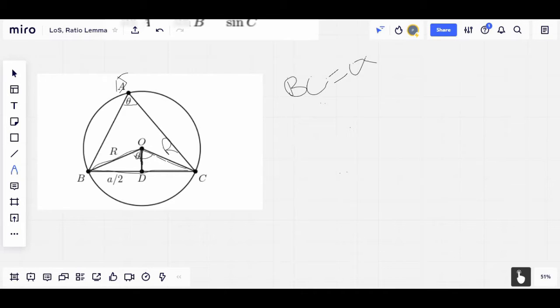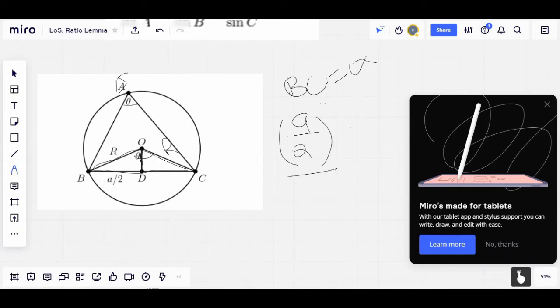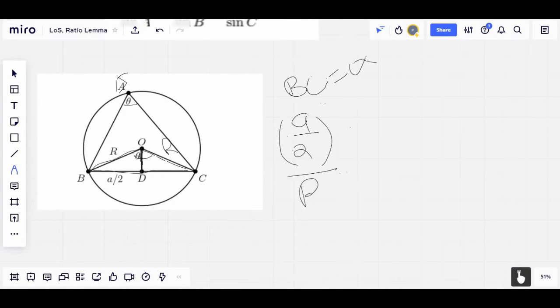Okay, moving forward, how can we represent a or a halves in terms of theta? Well, using basic trigonometry, we know that opposite over hypotenuse is the sine. So a over 2 divided by R equals sine theta.